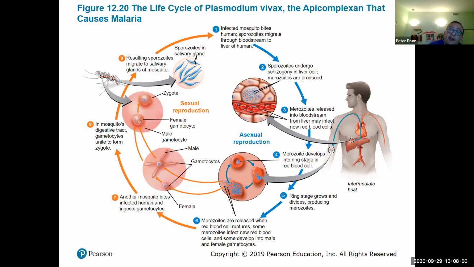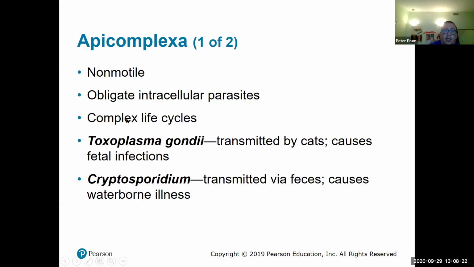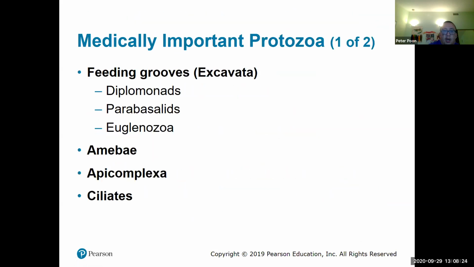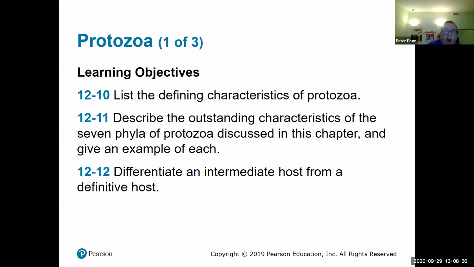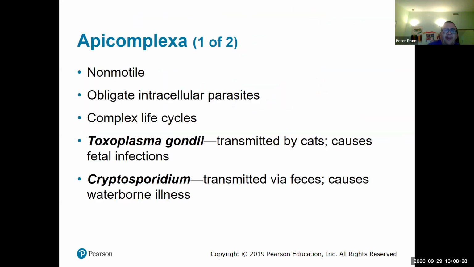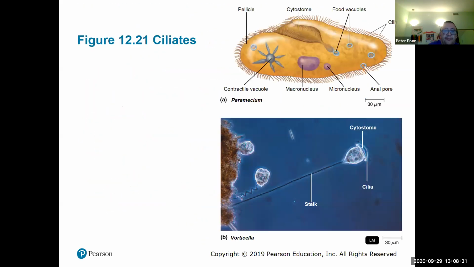The definitive host is where the sexual reproduction occurs. The intermediate host is where either no reproduction occurs, or where the asexual reproduction occurs. It should be the definitive host.